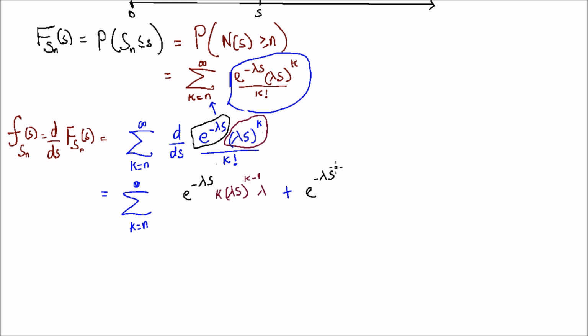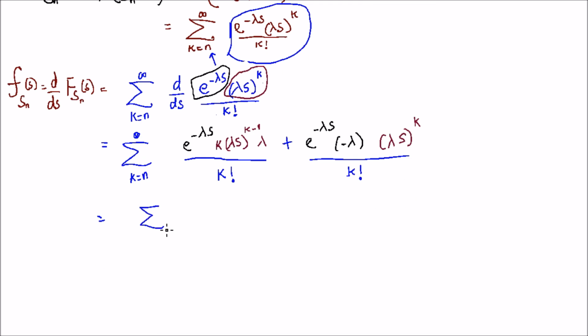I need to take the derivative of negative lambda s again, so I have negative lambda times, now I will leave the second term as it is, lambda s to the power of k. Okay, so I have the denominator k factorial, which is common for both terms here. So I'm going to leave them apart for now, since I plan to have two different summations for this derivation.